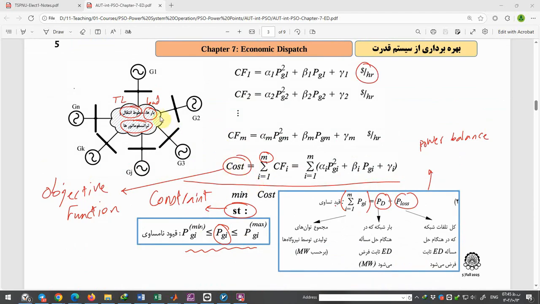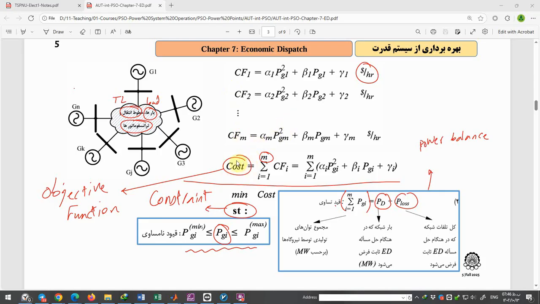And so in a power system that consists of loads, transmission lines and transformers, there are many generators that can supply the loads, transmission lines and transformers. So the cost function of generator number one is alpha P squared plus beta P plus gamma, and for M generators we have M equations.